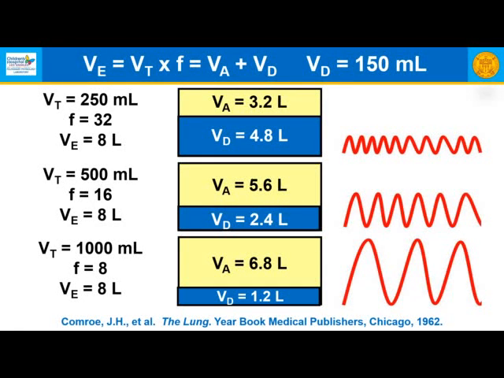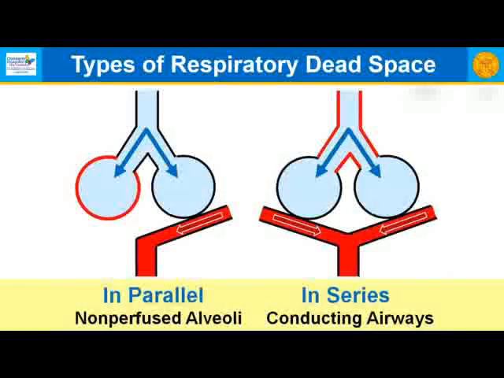In all three cases, the patient is breathing the same total amount of ventilation, 8 liters per minute, right? But the pattern of breathing makes a difference about how much of that is wasted and how much of that is alveolar. And obviously, rapid shallow breathing is the most inefficient breathing pattern because it has the lowest alveolar ventilation. So just to summarize, there are two types of respiratory dead space: in parallel, which are non-perfused alveoli, and in series, one after the other, which are conducting airways.